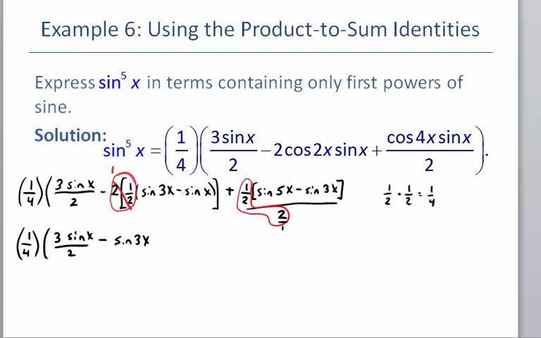We've got a minus applied to a negative, which is going to make a positive there, sine x. Plus, we've already talked about the 1/2 and the 2 making a 1/4. And I'm going to go ahead and distribute that 1/4 through that parenthesis. So it's going to be 1/4 sine 5x minus 1/4 sine 3x.